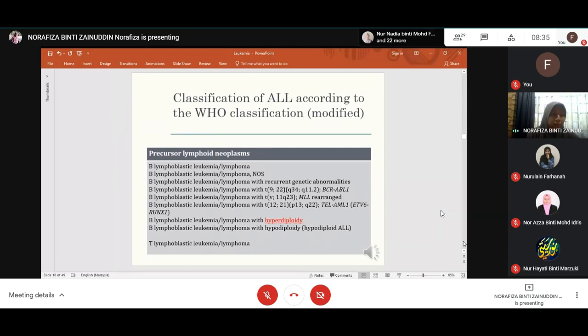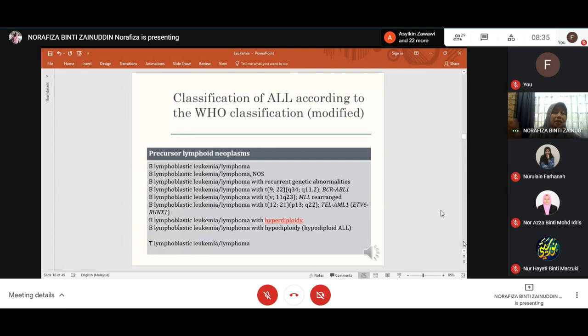Predominantly, ALL is seen in 85% as B cell tumor. The T cell tumors tend to be seen in adolescent males between the ages of 12 to 18. Usually, ALL will affect children aged 3 to 10 years.